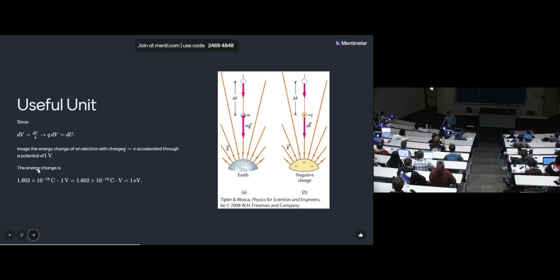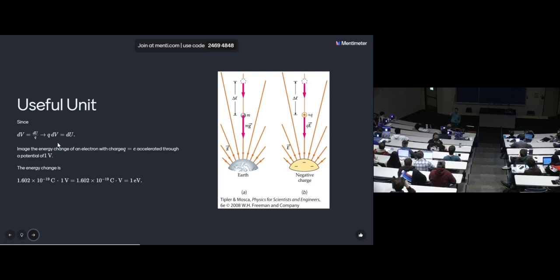Since dV, a change in electric potential, is equal to change in electric potential energy divided by charge, you can multiply by charge on both sides. And if you take a charge and multiply it by a change in electric potential, you implicitly have a change in electric potential energy, right? You take a proton and you move it through a 1 volt difference, then there has to be a change in potential energy that had to occur.